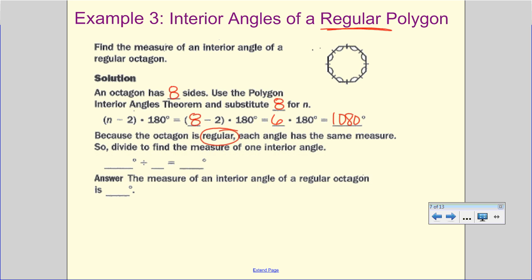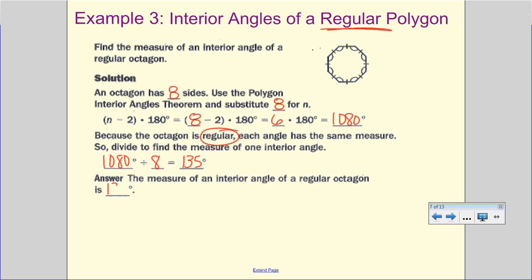Each angle will have the same measure. So I can find the measure of an angle in a regular polygon not knowing anything else. I take the 1,080 degrees and divide it by how many angles I have. When we take 1,080 and divide it by 8, I get 135 degrees.